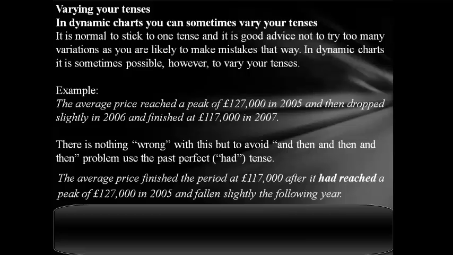There is nothing wrong with this, but to avoid "and then" problem, use the past perfect tense. For example, the average price finished the period at £117,000 after it had reached a peak of £127,000 in 2005 and fallen slightly the following year.